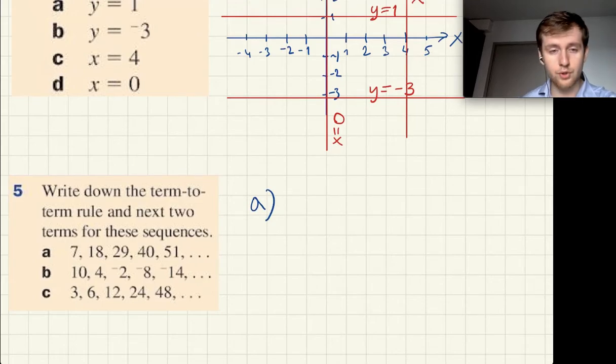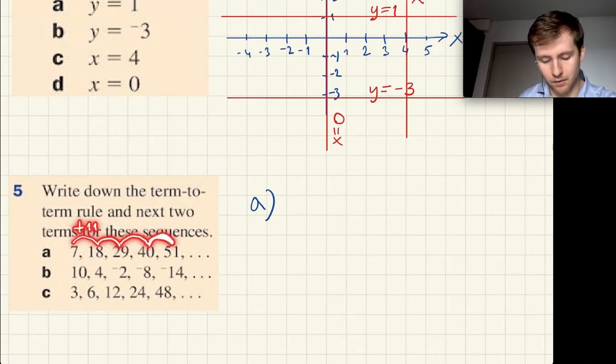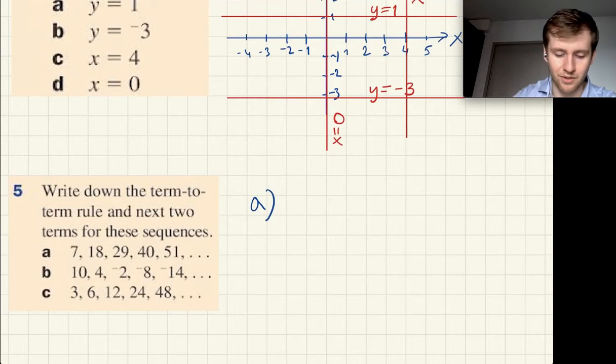So we look at the first one. What happens here is we go from 7 to 18, then from 18 to 29, then to 40, then to 51. So what we do is add 11 each time to get to the next element of the sequence.